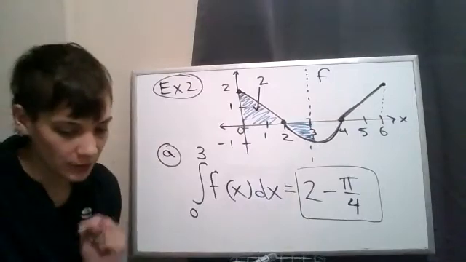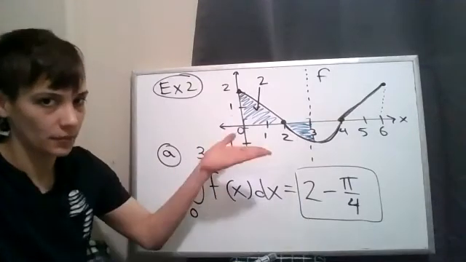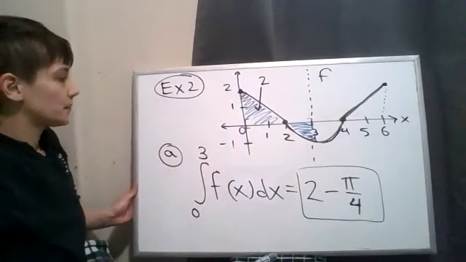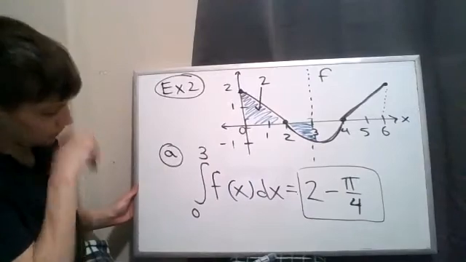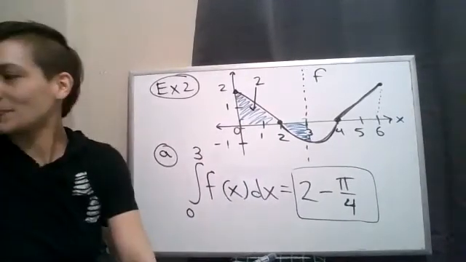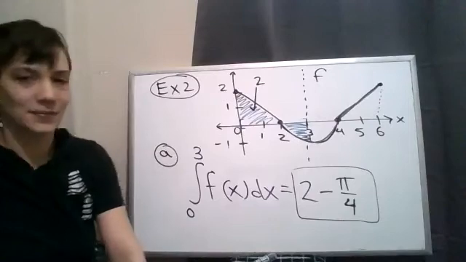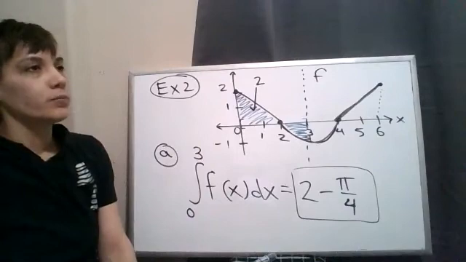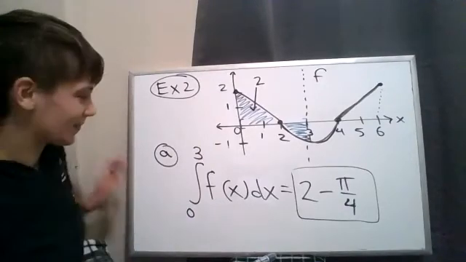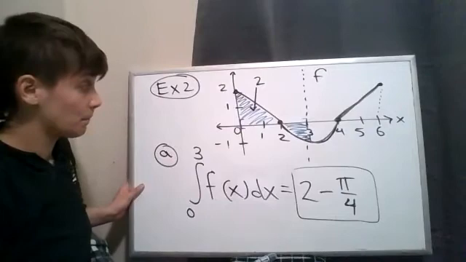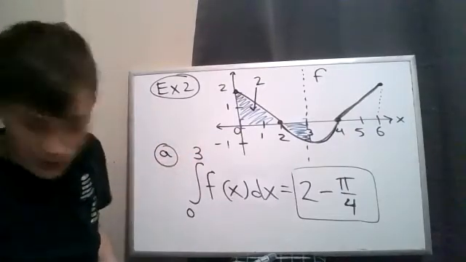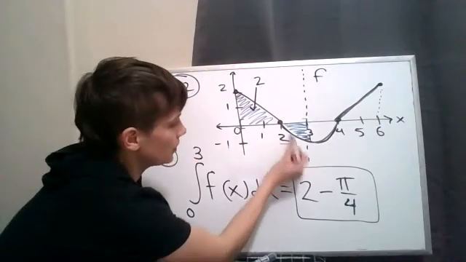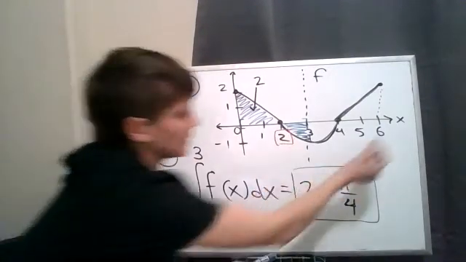Next one, we integrate from x equals 2 to x equals 6, and it's going to be for the same function. All right, so before I erase and set up part B, I just want to remember that we're going to go from 2 over to 6.